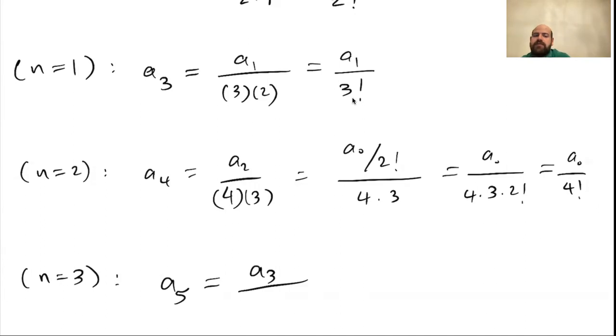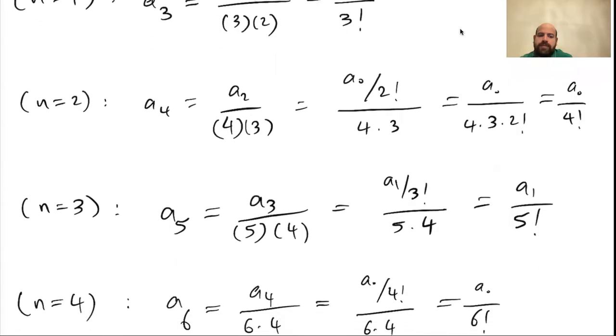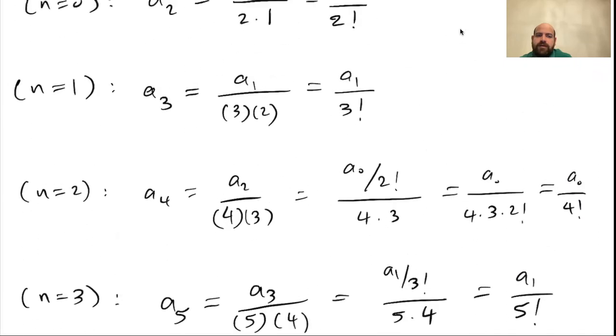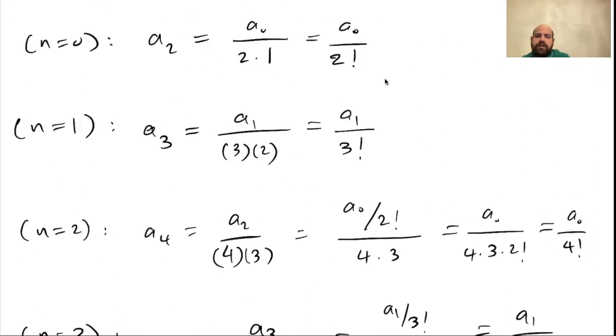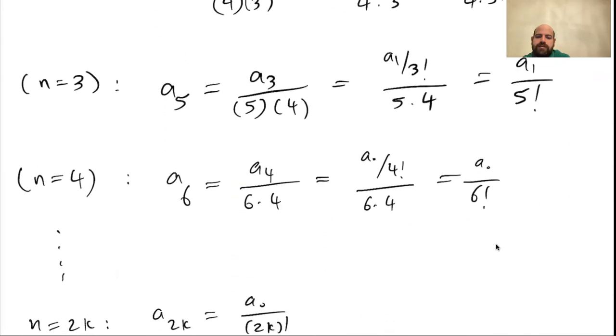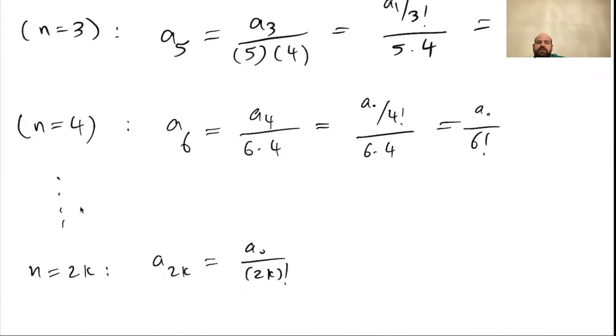If you look at the even indices, for a2, a0 over 2 factorial, a4, a0 over 4 factorial, a6, a0 over 6 factorial. So if you continue this way, a2k will be a0 over 2k factorial.